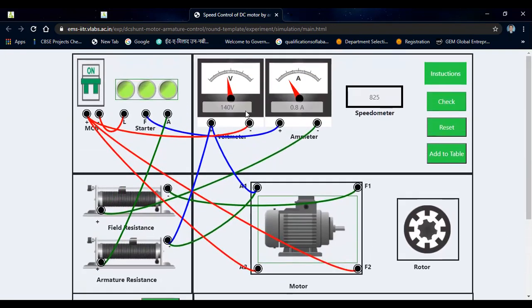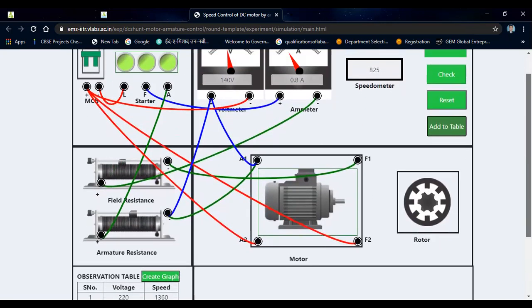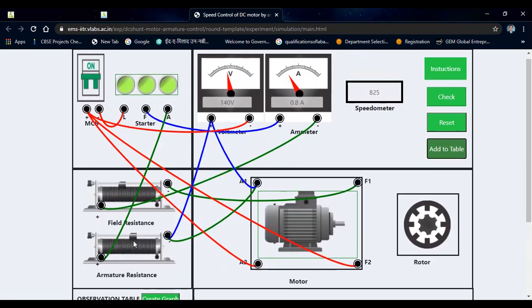The drop increases, so voltage across the armature will decrease, and speed will decrease. You can add to the table. Last reading, again we move the slider. Here 120 volt means voltage across the armature decreases, speed will decrease.